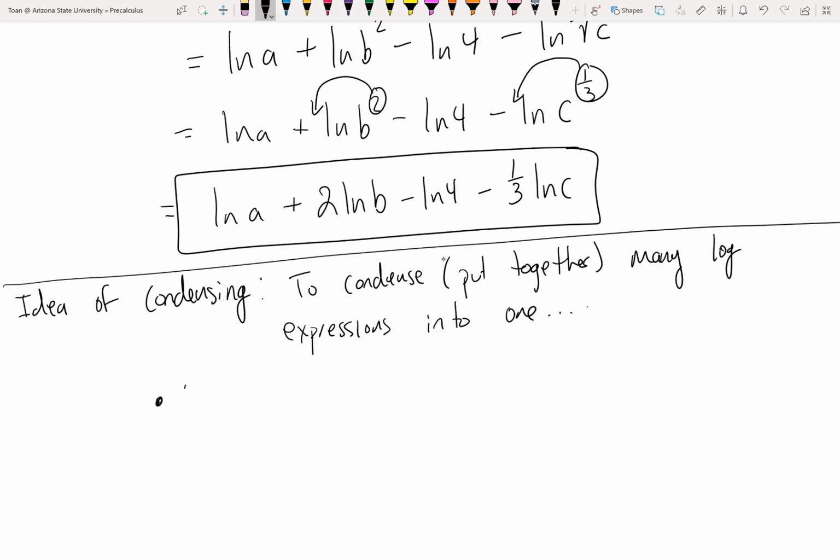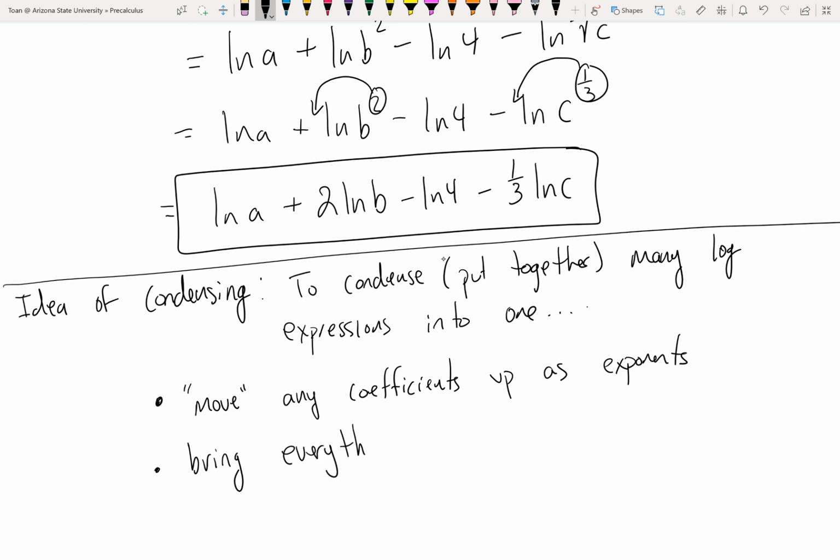The first thing you want to do is move, and I'll put that in quotes because we're not really moving, you're applying the property. Move any coefficients up as exponents inside the log. And again, as we said before, you're going to bring everything into one log.